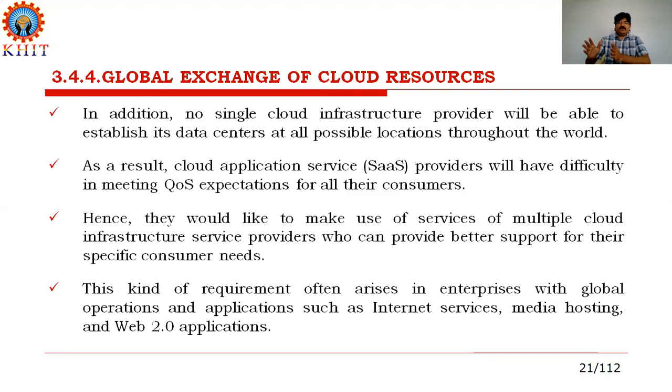Suppose a person or an end user wants to host or deploy his developed application in a cloud, he has to look for a nearby cloud. Nearby cloud means India, but there is no virtual machine maintained in India. Amazon is not maintaining a virtual machine in India.